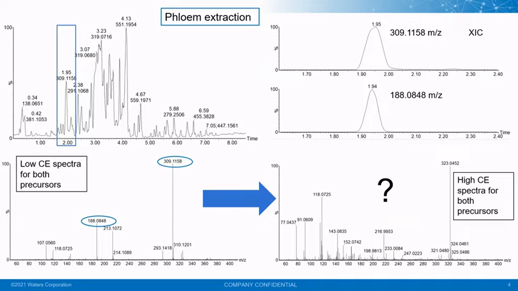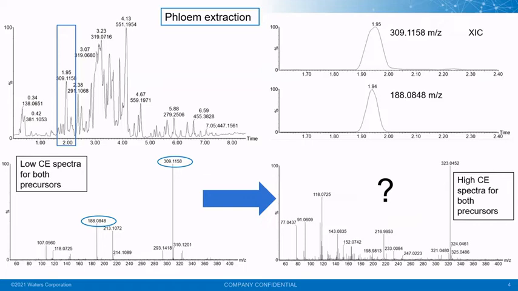So if we wanted to ID these two compounds, looking at the high energy spectra after collision-induced dissociation, because of them co-eluting, we end up having a more complex spectra, which adds extra obstacles to improving confidence of IDing from theoretical fragmentation patterns.